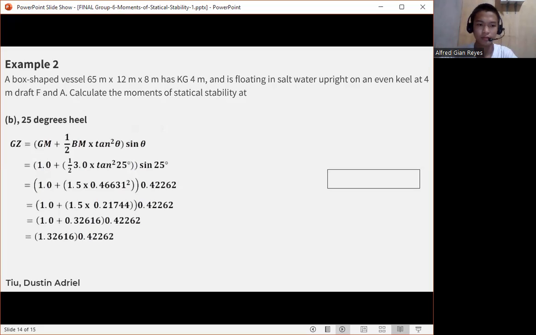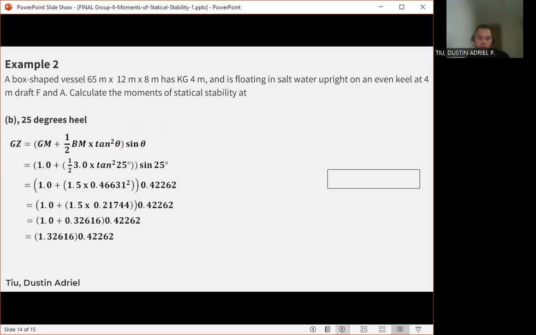Our GM is 1.0, and the angle is 25 degrees. So tan 25 degrees is equal to 0.46631. Then sine 25 degrees is equal to 0.42262. 1/2 times 3.0 is equal to 1.5.